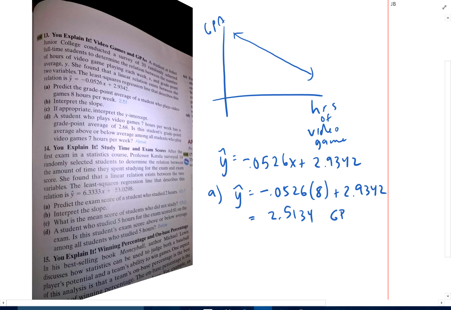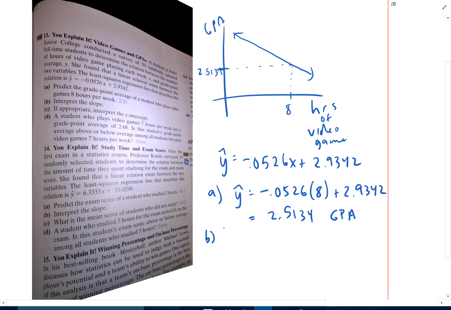That would be the predicted GPA. Okay, so if this is 8, wherever 8 might be, then according to my regression line, the GPA would be 2.5134, sorry about that. That's what my regression line predicts.